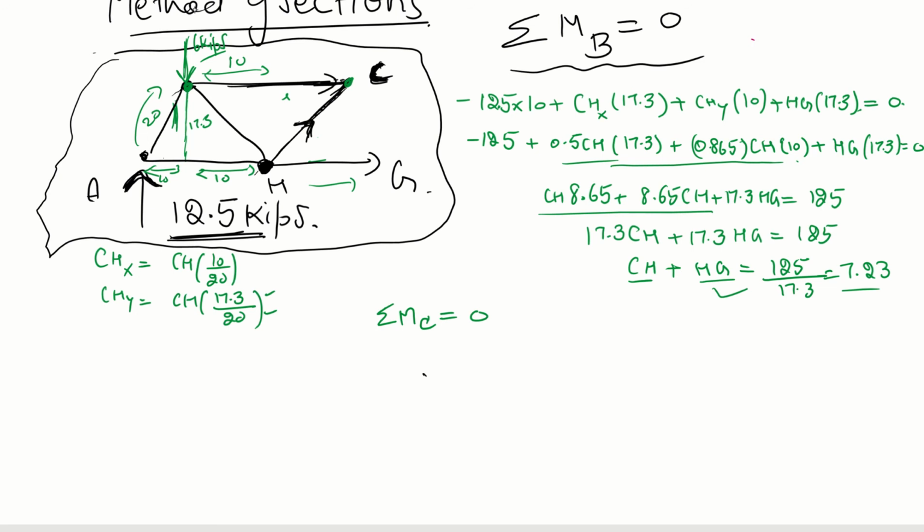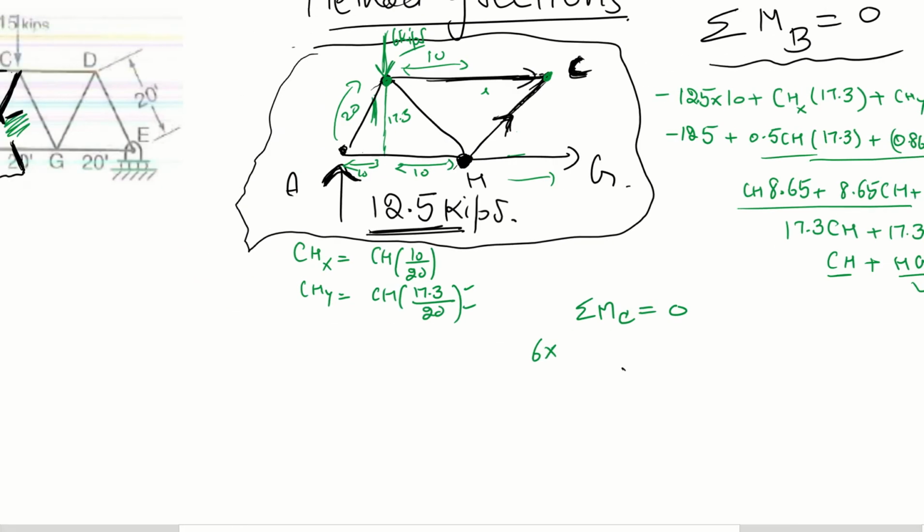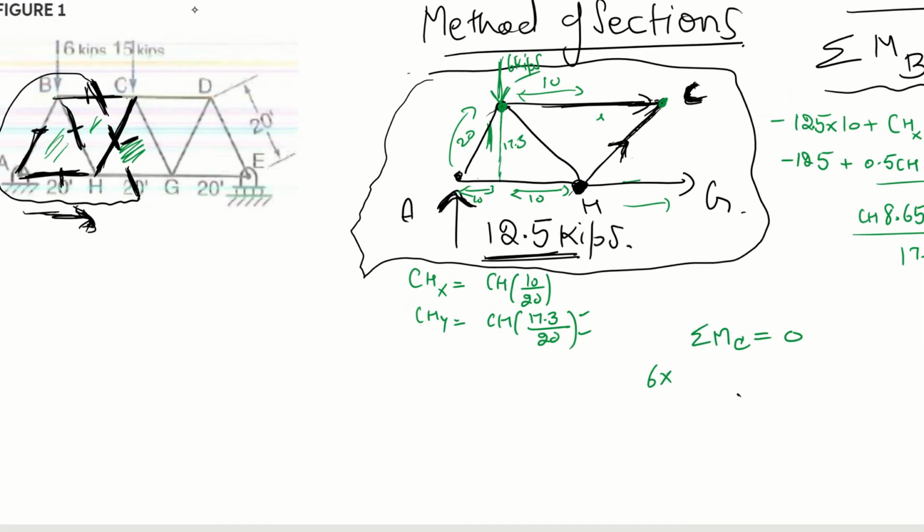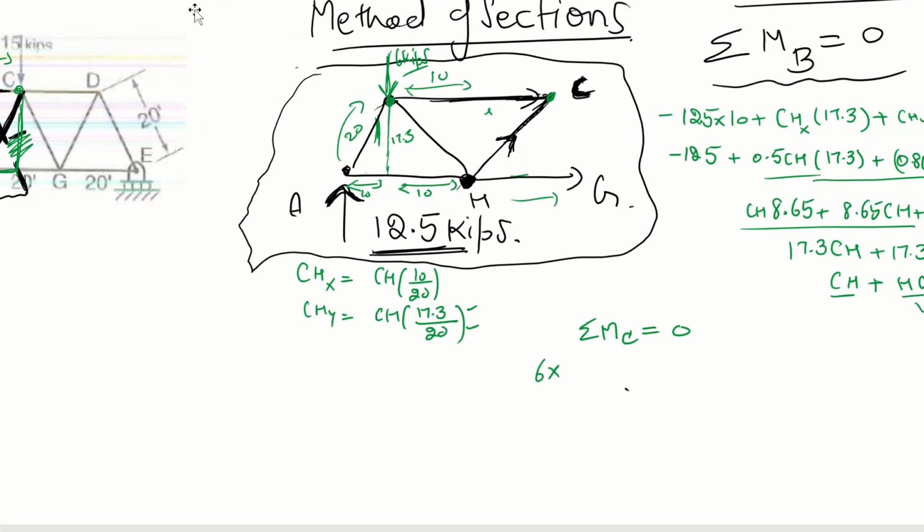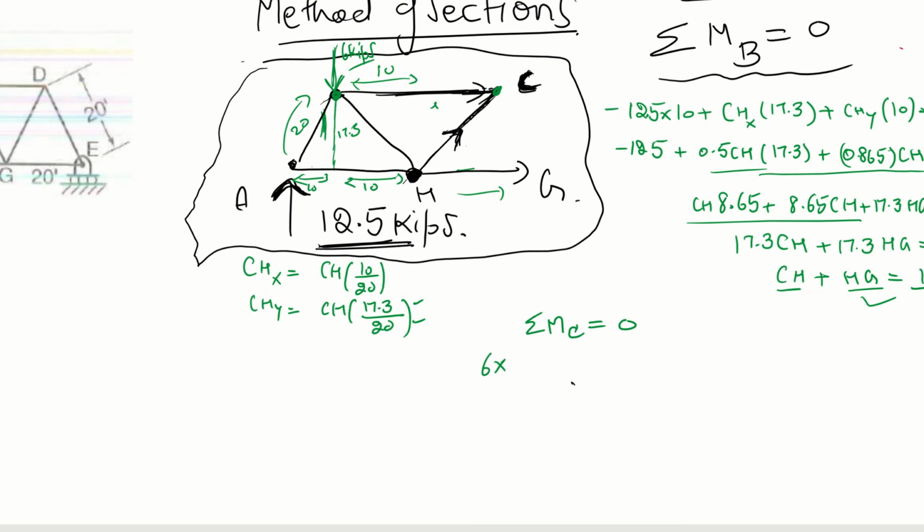So this 6 kips, 6 times the perpendicular distance from C, let's see it here. This distance is 20, and point A has a distance from point C of 30.